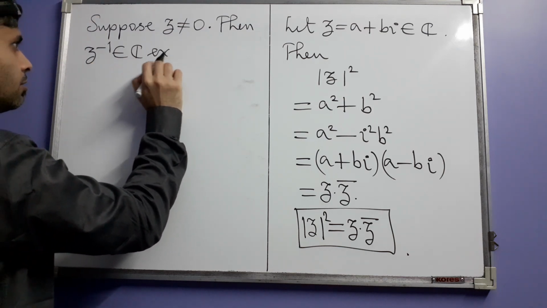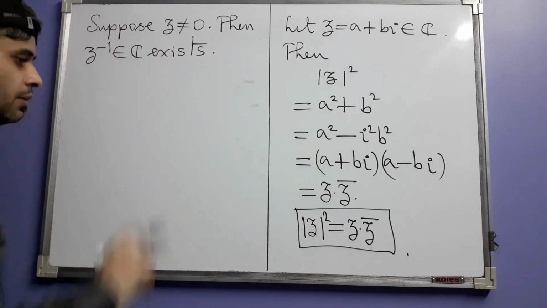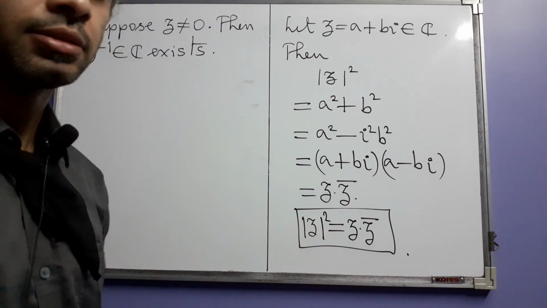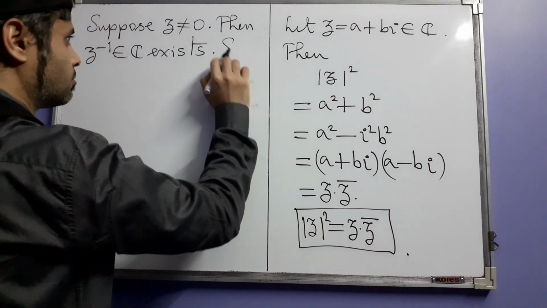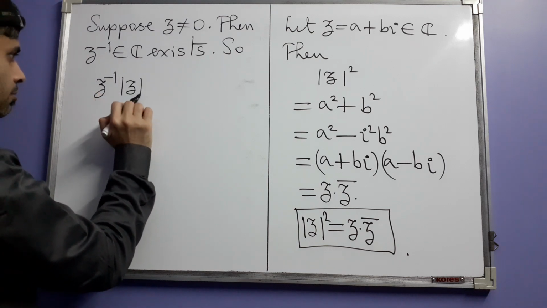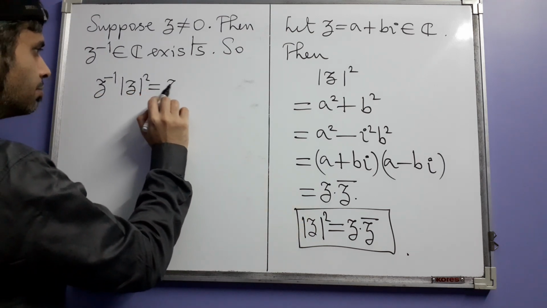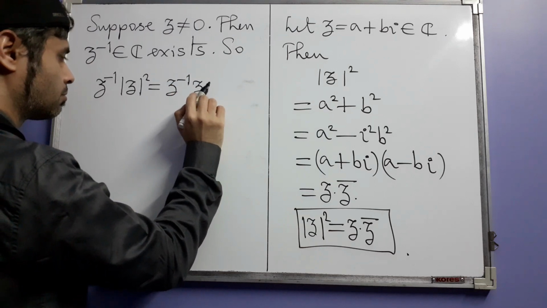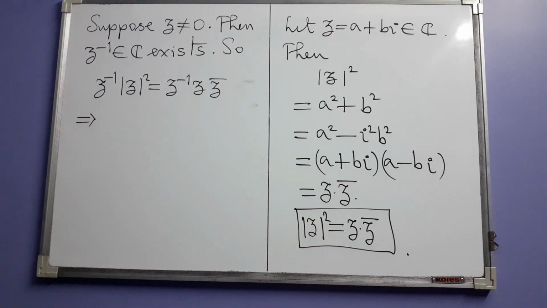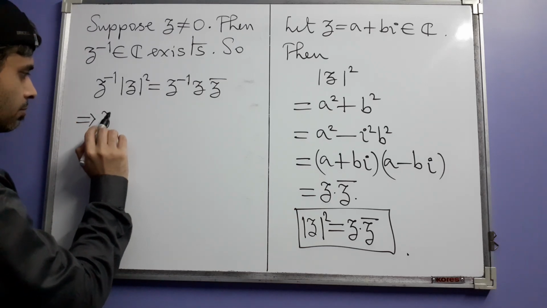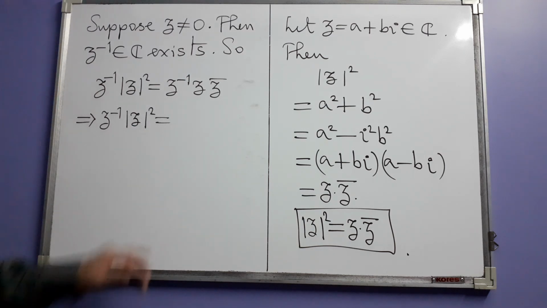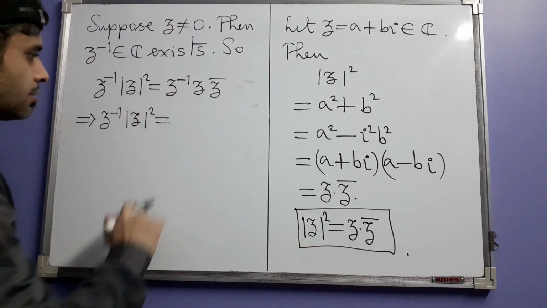It exists in C. Now, what will happen if we multiply both sides of this equation by that z inverse? The left hand side, of course, will be this, and the right hand side will be this. What is z inverse z? It is 1.